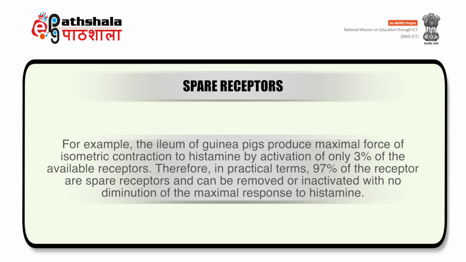The ileum of guinea pigs produces maximal force of isometric contraction to histamine by activation of only 3% of the available receptors. Therefore, in practical terms, 97% of the receptors are spare receptors and can be removed or inactivated with no diminution of the maximal response to histamine.